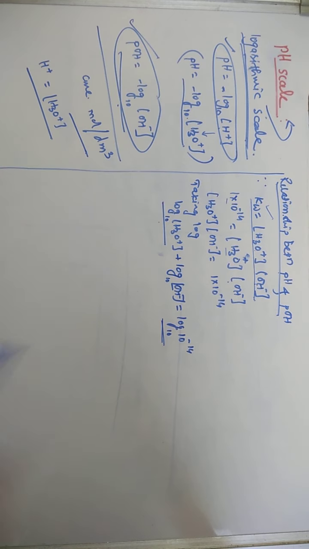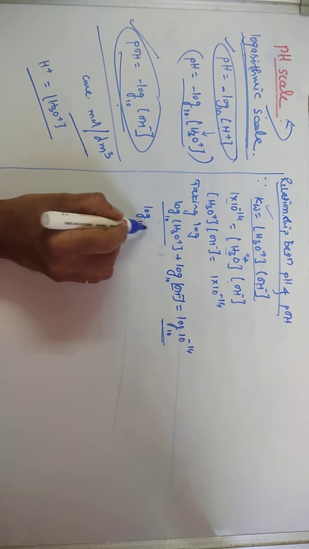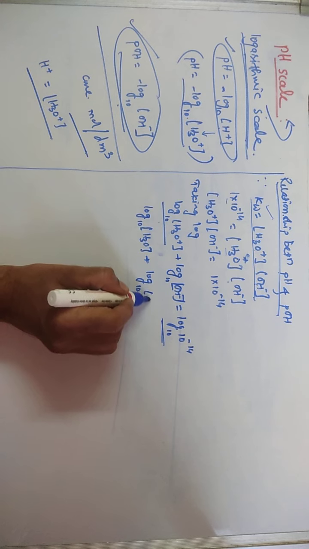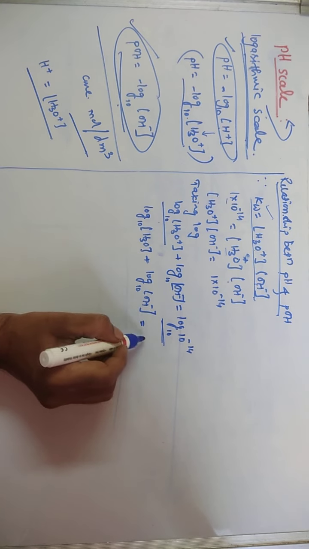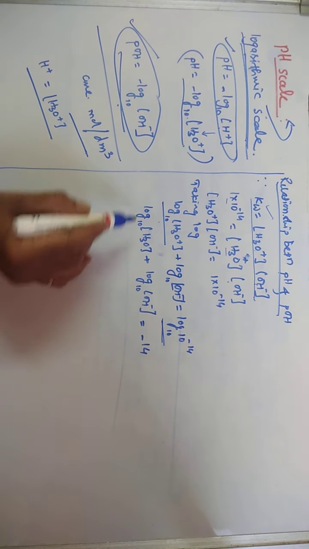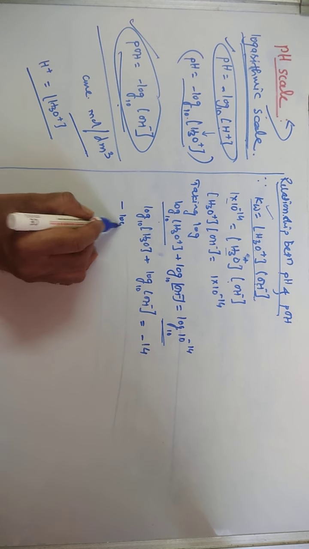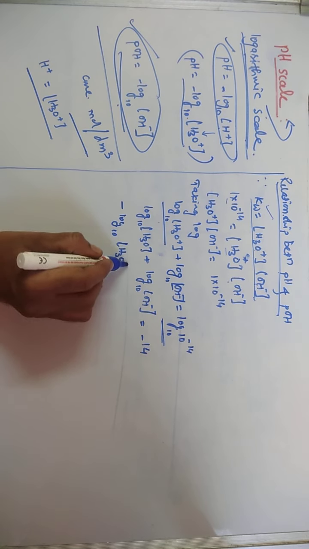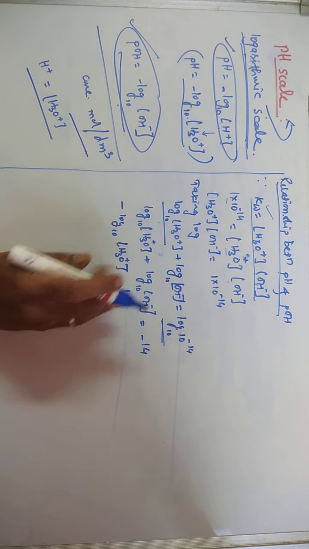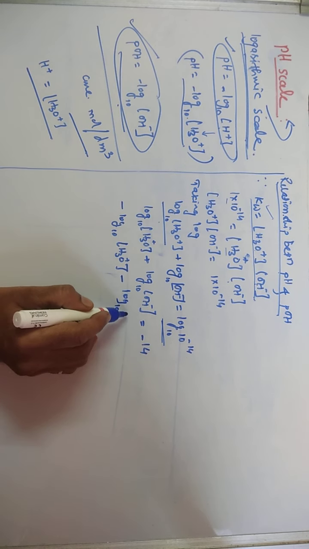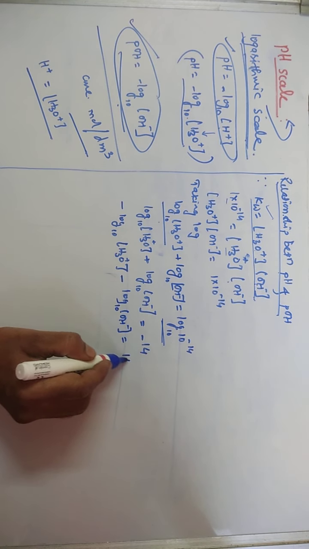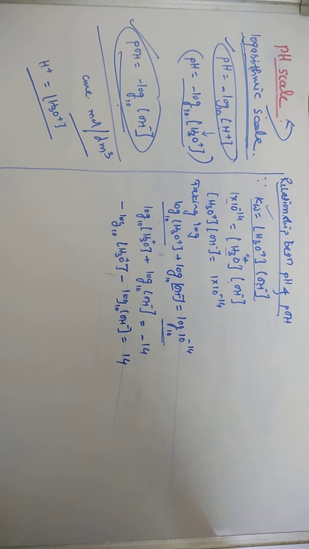So we have log to the base 10 of H3O+ concentration plus log to the base 10 of OH- concentration equals minus 14 times log of 10 to the base 10, which is 1. Now I multiply on both sides with a negative sign, and minus 14 becomes plus 14.